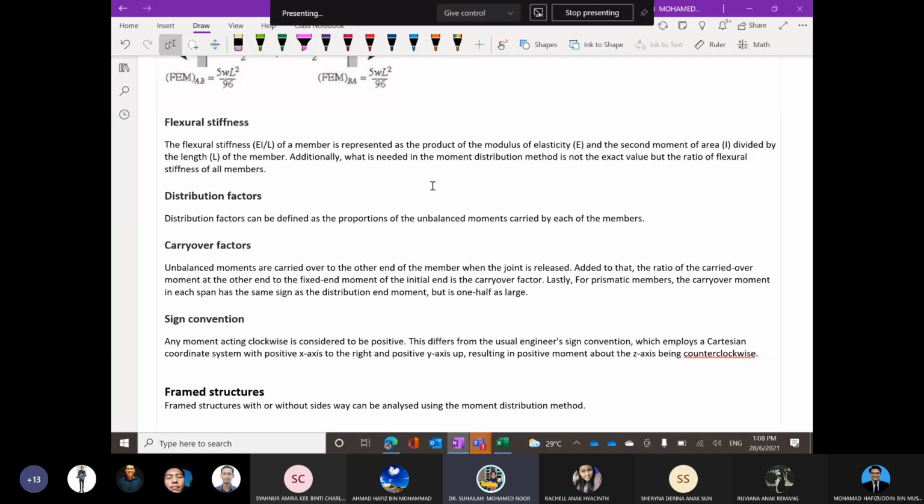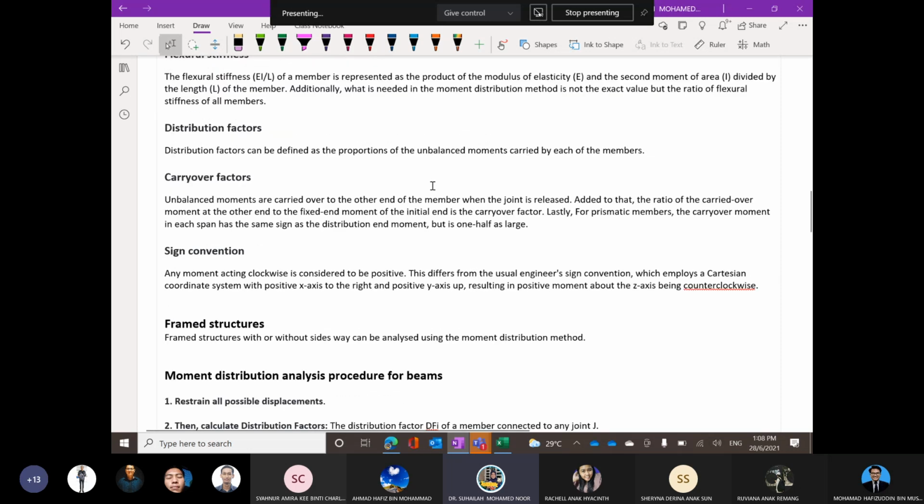The stiffness factor relates to the flexural stiffness, which is EI over L. EI over L means that the stiffness factor is influenced by the material properties, which come from the modulus of elasticity, as well as the cross-section area. From the cross-section area, we will identify the moment of inertia.